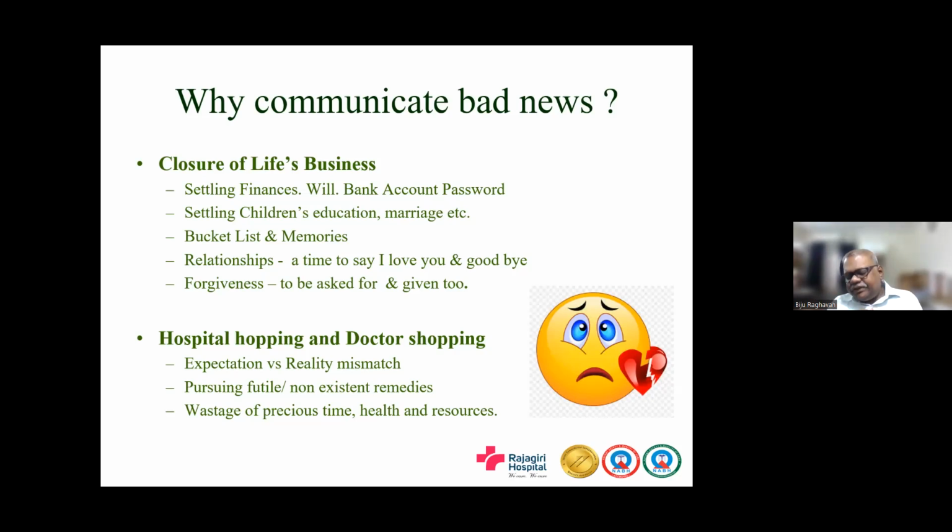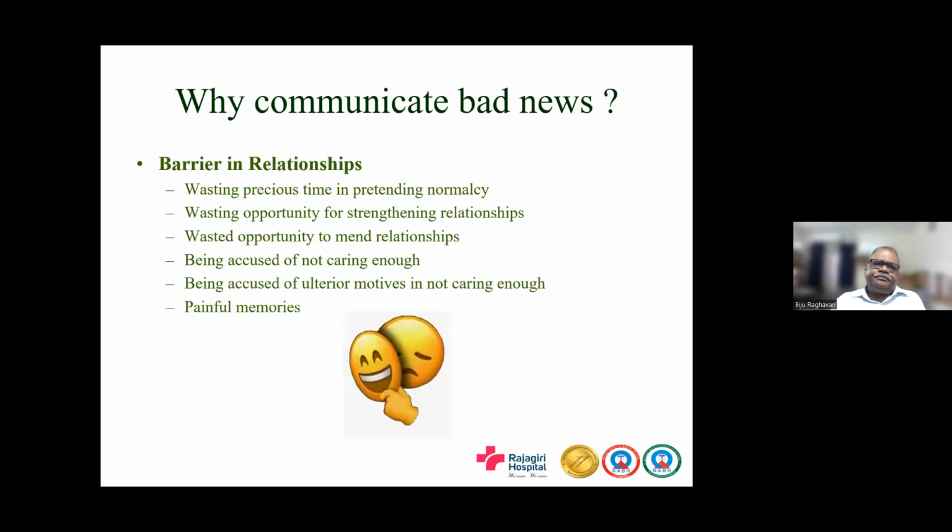All of these things lead to a great deal of poverty and hardship. Eventually, the patient dies and the family is literally on the road with no means of survival. So that hospital hopping and doctor shopping could have been avoided or prevented if we healthcare professionals had taken the initiative to tell the truth.